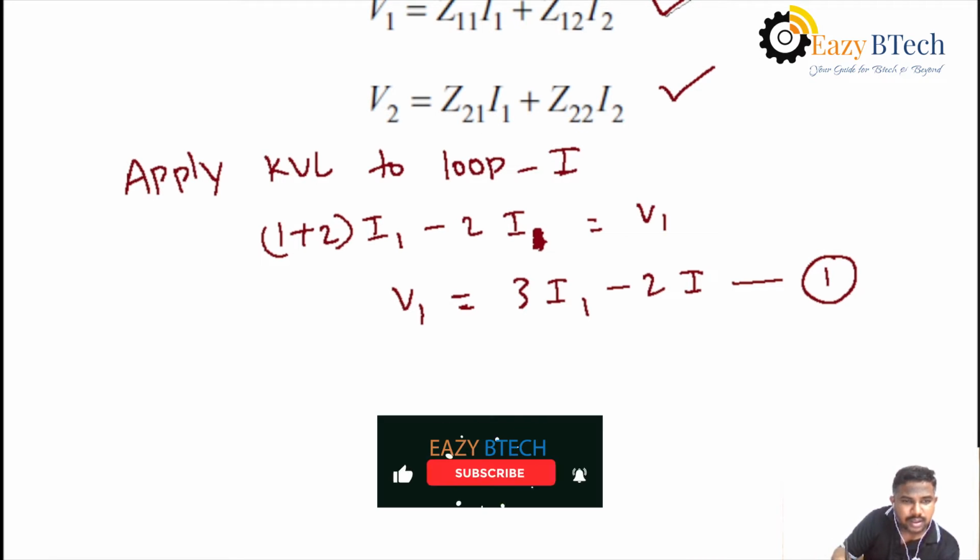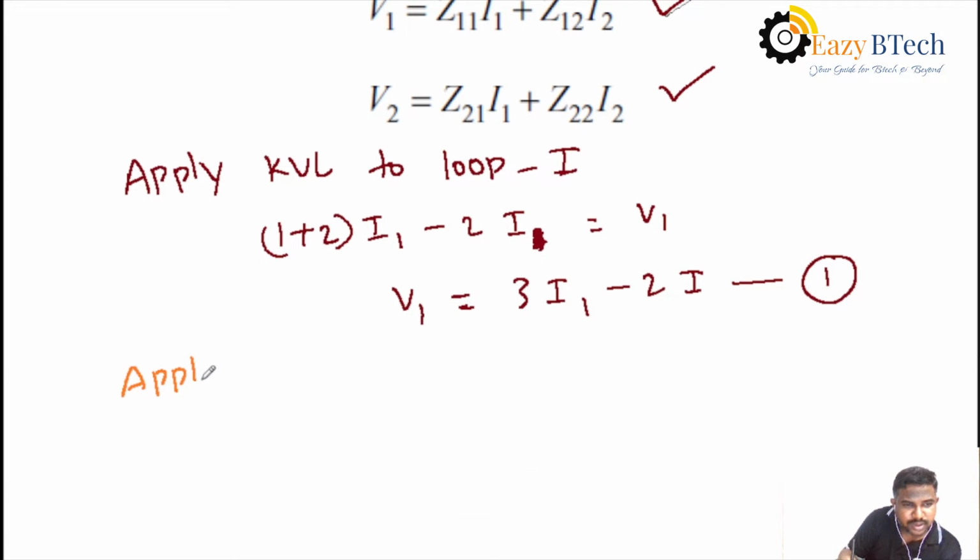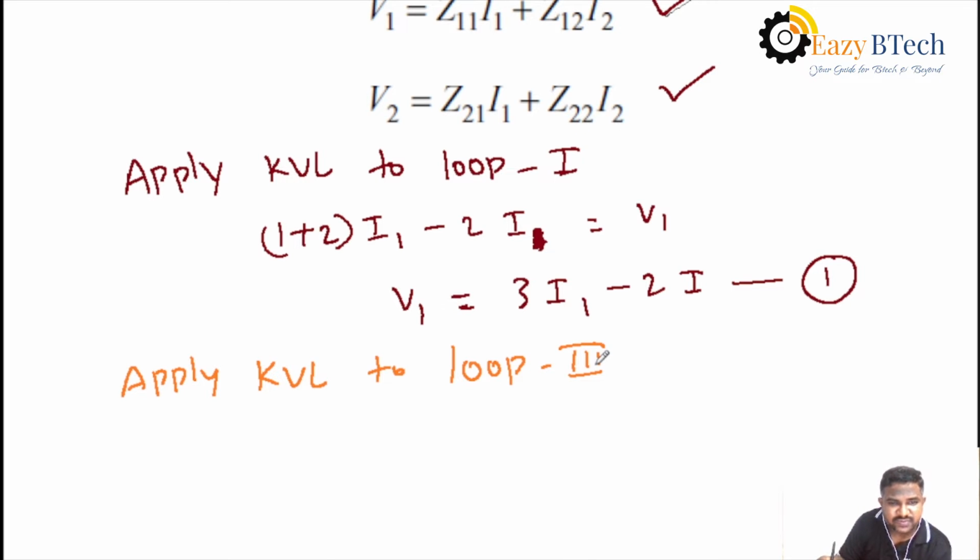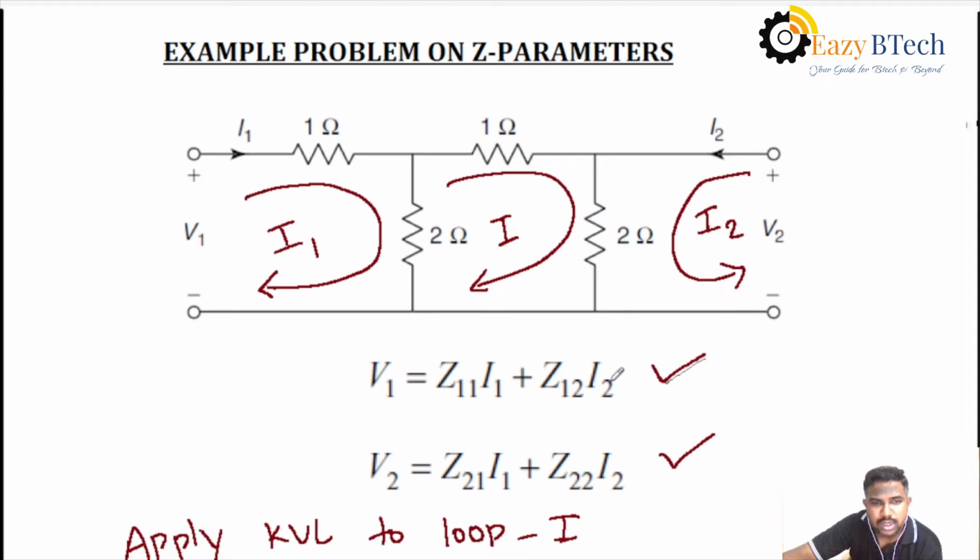Similarly, apply KVL to the third loop, that is the loop in which the second voltage source V2 is present. In the last loop, observe, we have only 2 ohms. Through 2 ohms, I is passing and I2 is also passing.